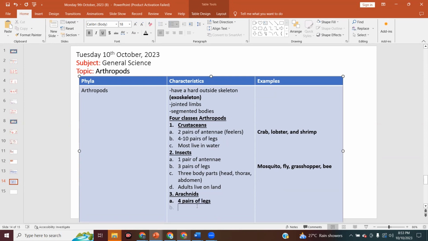So how many legs do they have if they have 4 pairs of legs? 8. Very good. They have 2 body parts, the head and the abdomen.